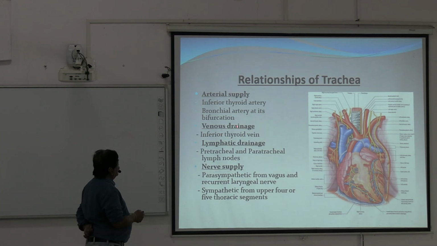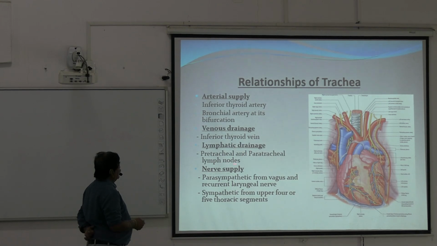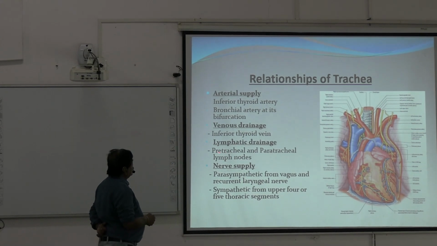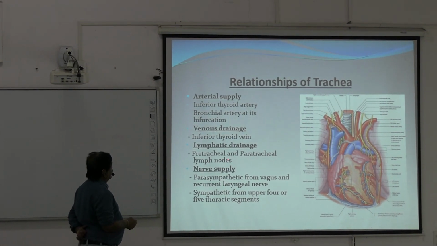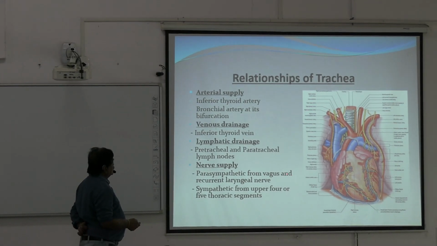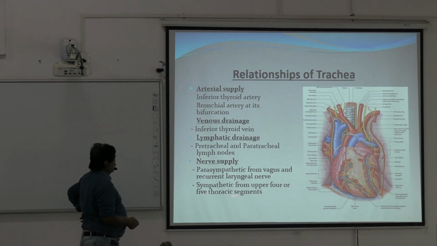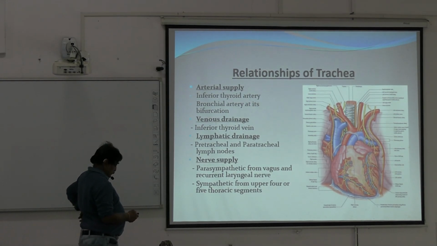Venous drainage, inferior thyroid vein. Lymphatic drainage, pretracheal and paratracheal lymph nodes. Nerve supply, parasympathetic from the vagus and recurrent laryngeal nerve, sympathetic from the upper 4-5 thoracic segments.